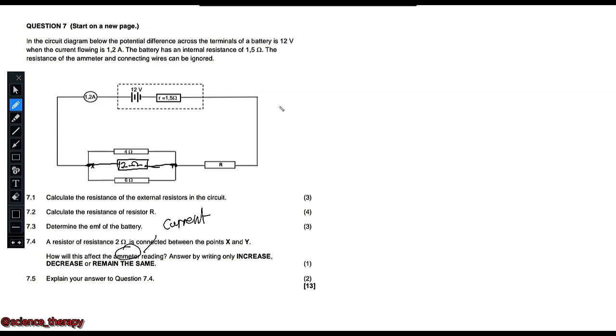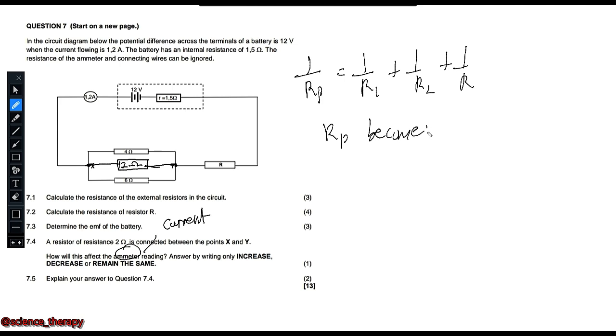Because we are using the formula 1 over Rp, if you keep adding more resistors, your Rp becomes smaller. So the more resistors you add into a parallel connected circuit, the more you decrease the total resistance. And because R is inversely proportional to current, a decrease in the total resistance will result in an increase in the total current.